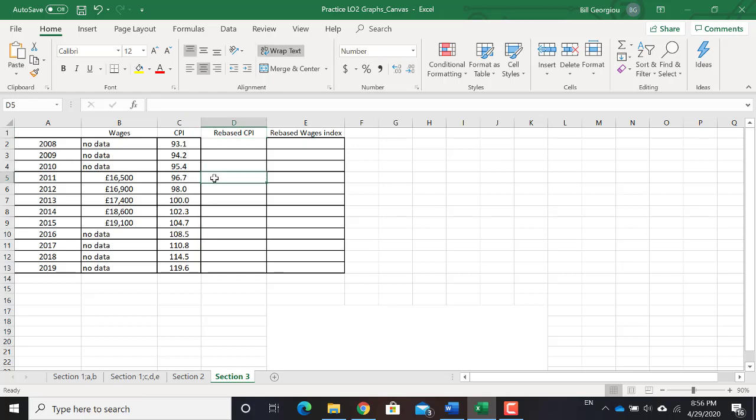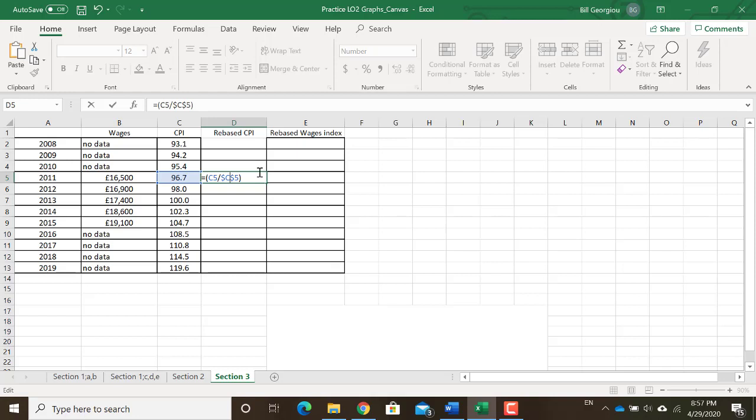How do I do that? Equals C5 divided by C5 in parentheses, but in order to use it later on for the rest, to make that the base year, I make C5 stable.